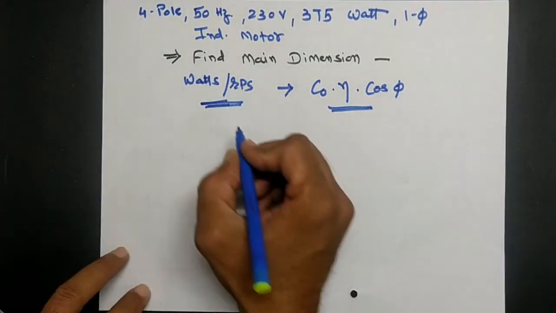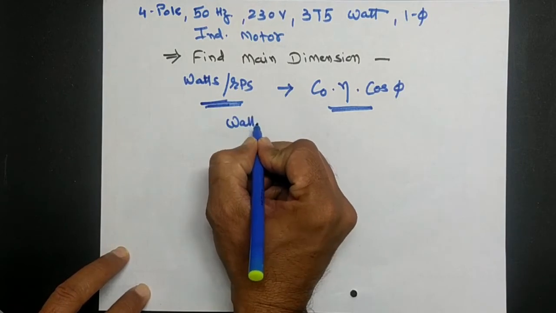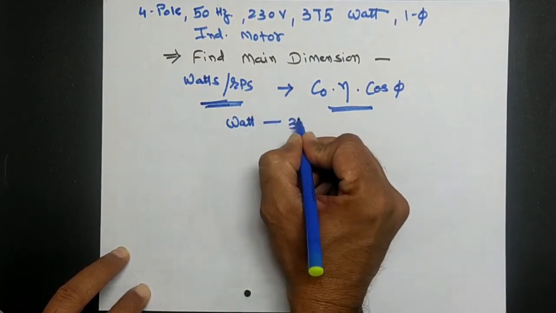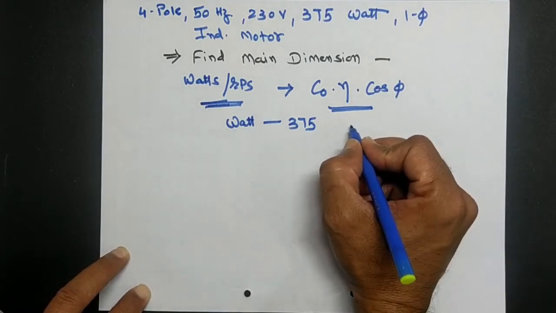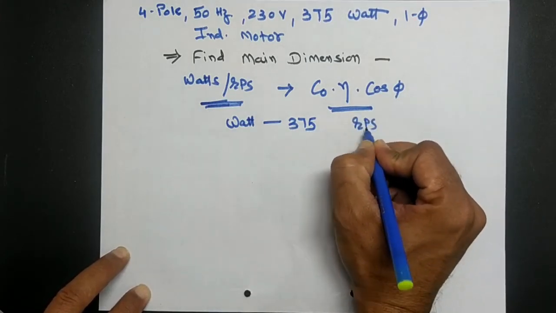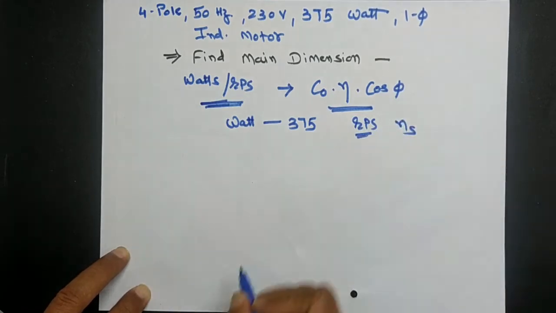So watts are given, and that is 375 watt. We need to find out revolutions per second, that is RPS, and that is Ns.